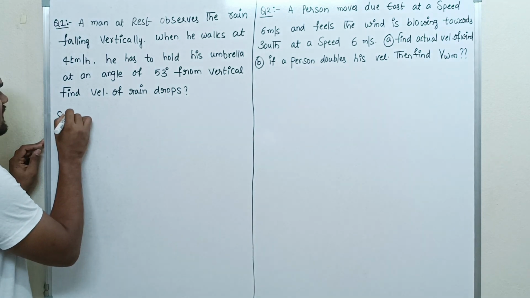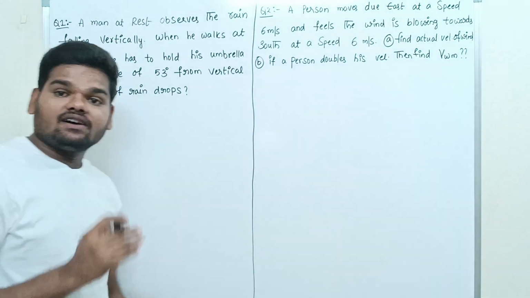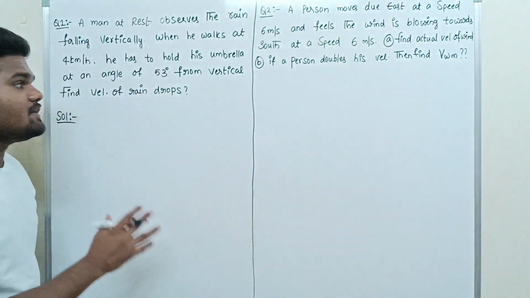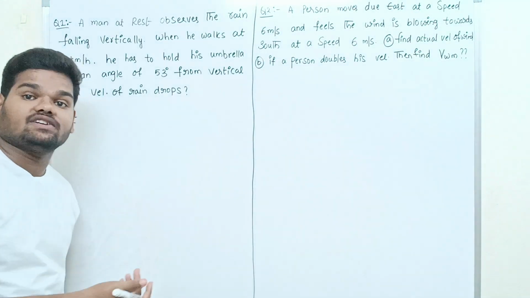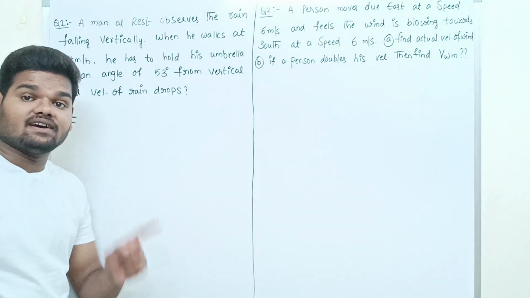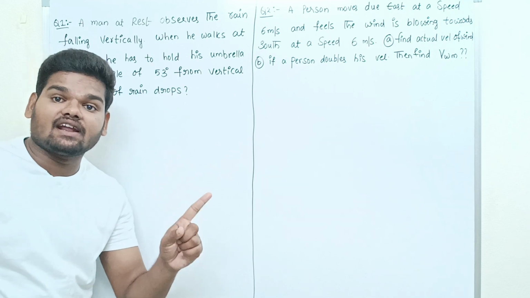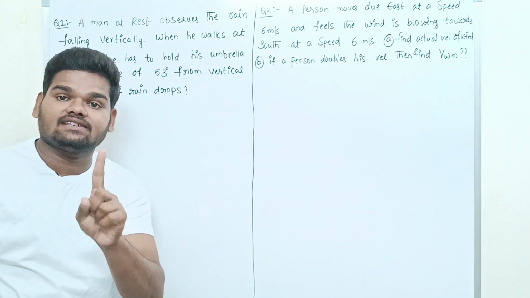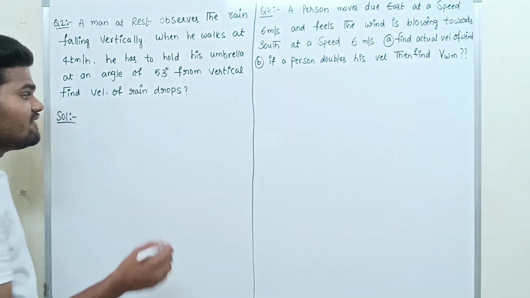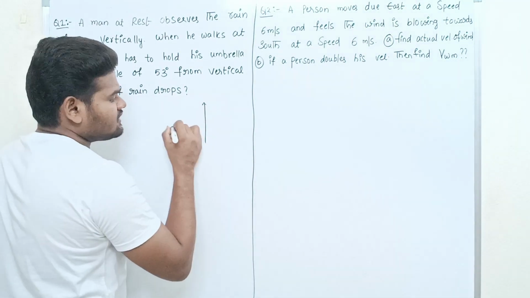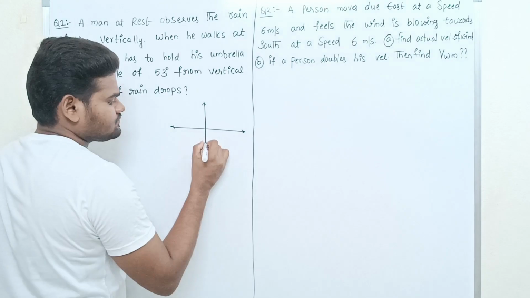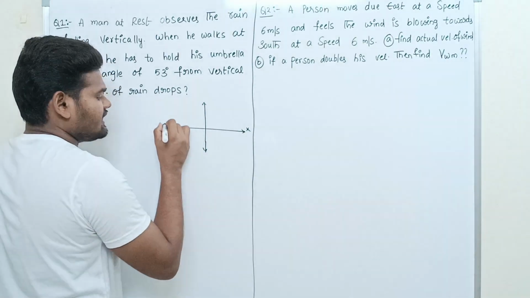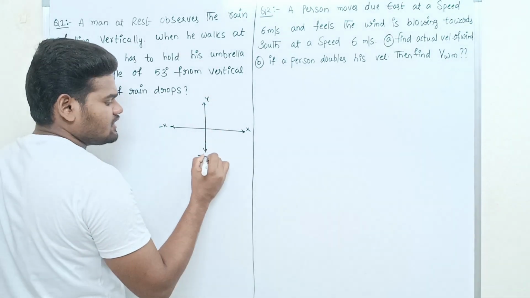Solution. Whenever you solve this type of relative velocity question, you must remember that velocity is a vector quantity. It has both direction as well as magnitude. As we know, in a two-dimensional coordinate system, this is the x-axis, negative x-axis, y-axis, negative y-axis.